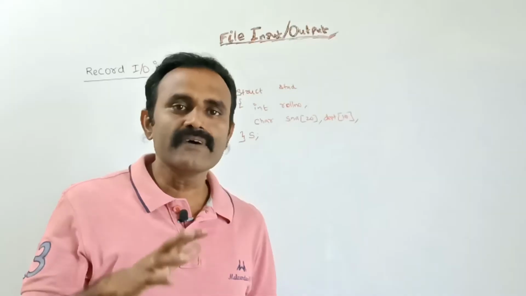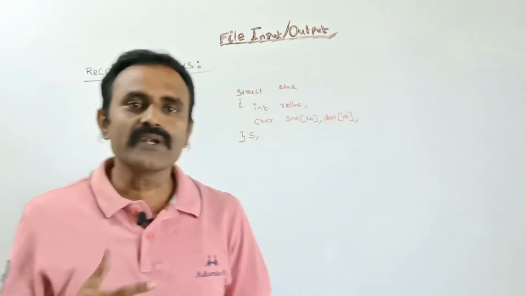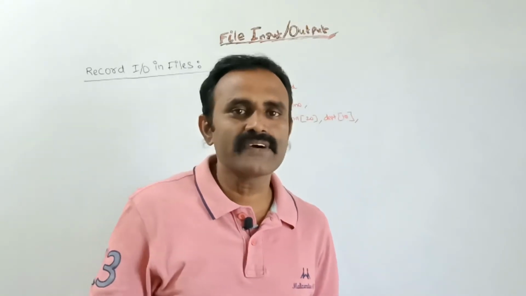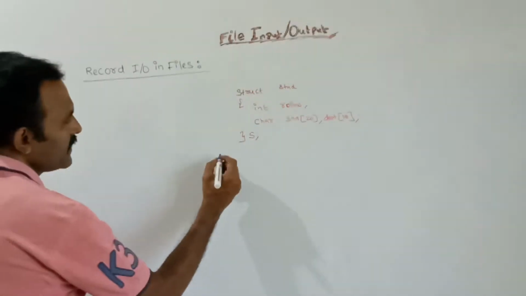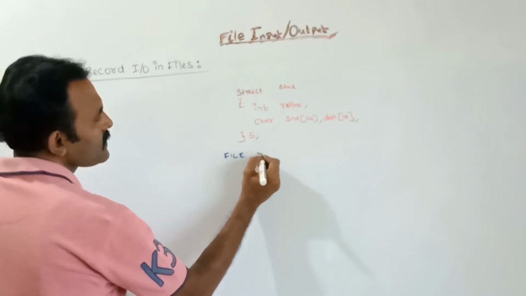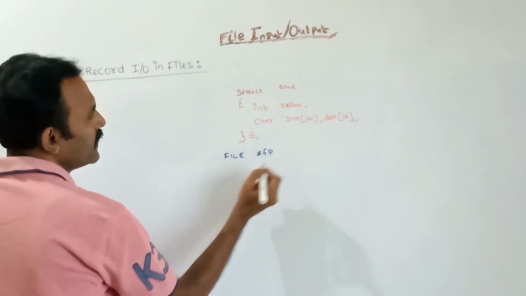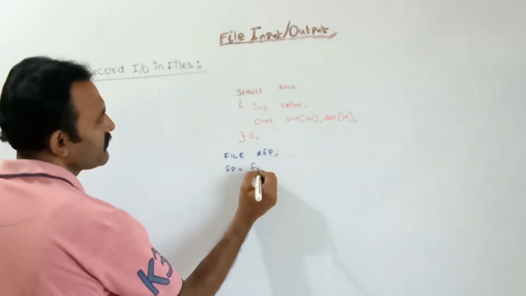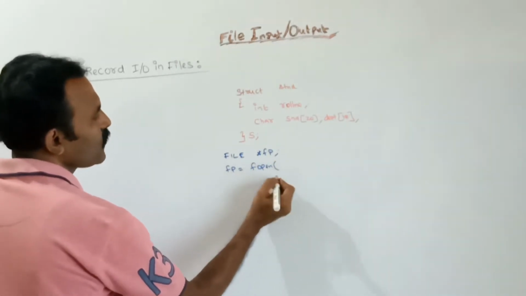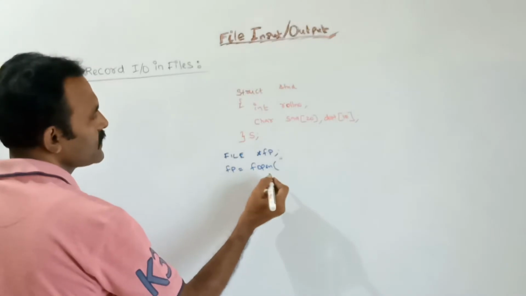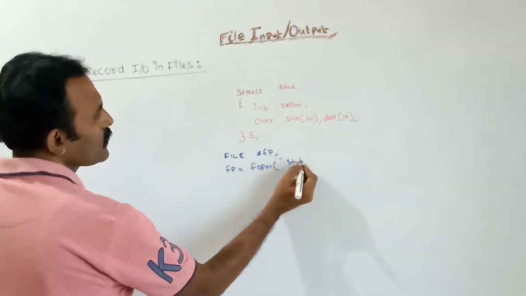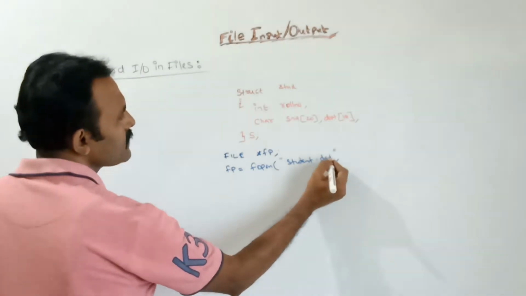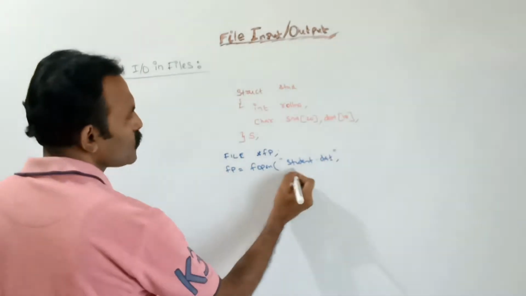There are two types of file: one is the text mode file, the second is the binary mode file. For example, if you are creating a file pointer, let us assume fp. Very first we should open the file, let us assume student.dat. This is the file extension, .dat.